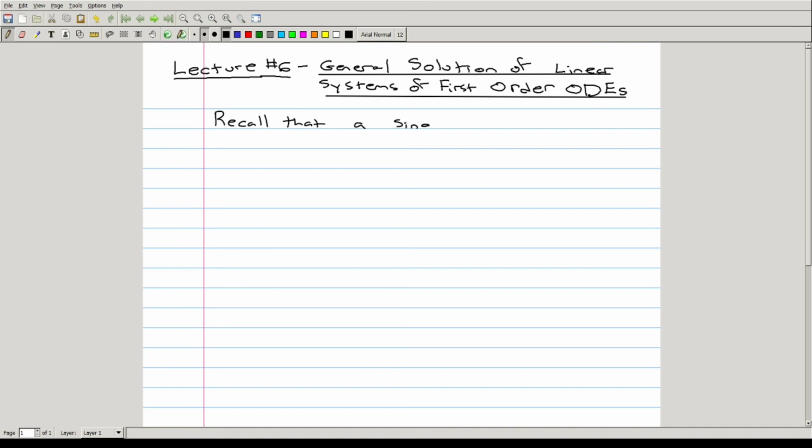And this is a single linear nth order, in general inhomogeneous ODE. It takes the following form.